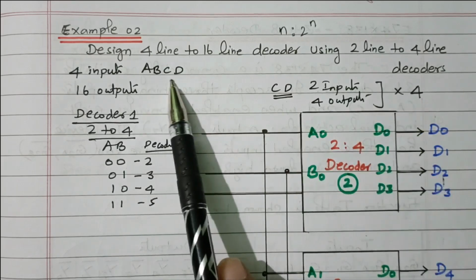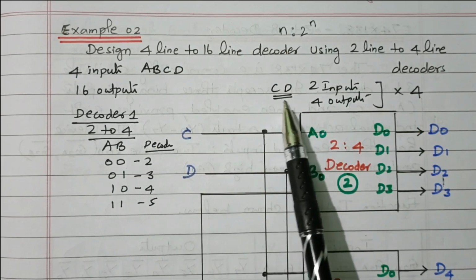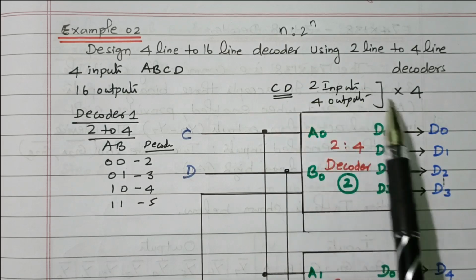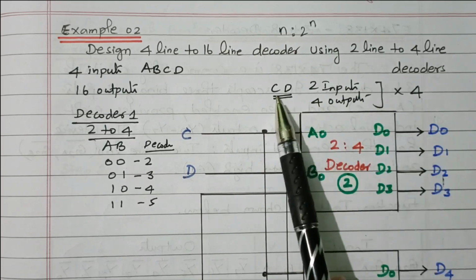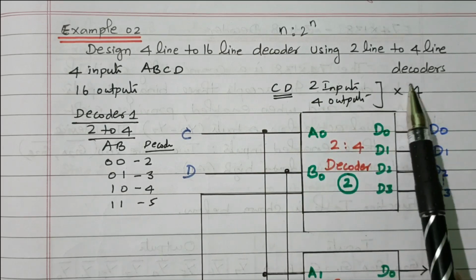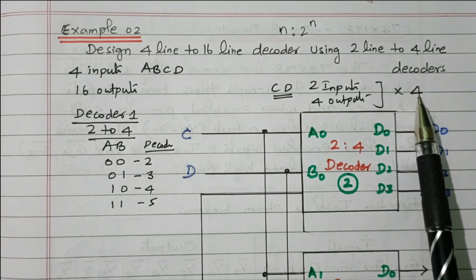Then what about the inputs A, B, C, D? We give C and D, the LSB, least significant bits, to the inputs of all 4 decoders. These 4 decoders are selected by one more decoder. We need one more decoder in order to select them.